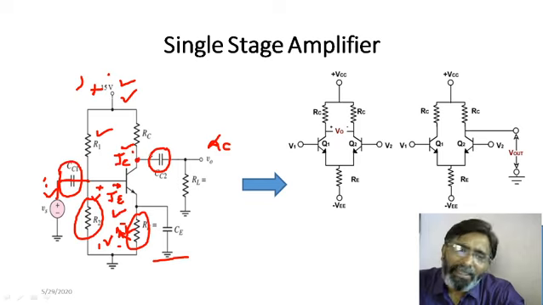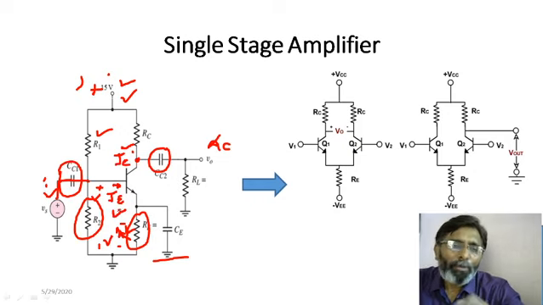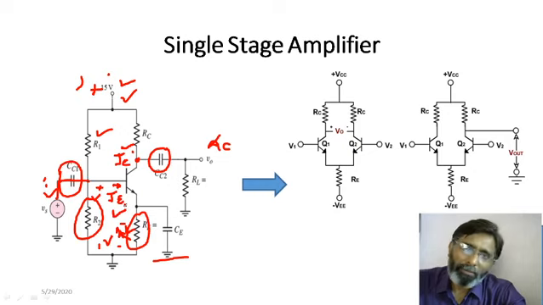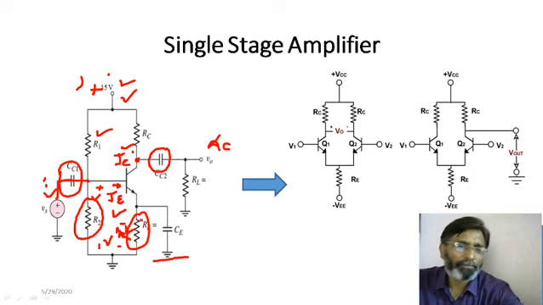As IC gets reduced, the increase in temperature or the cumulative effect will be nullified, and because of that we can avoid the thermal runaway condition and your circuit will become stable. So, this RE basically provides negative feedback, which increases the stability of the amplifier.